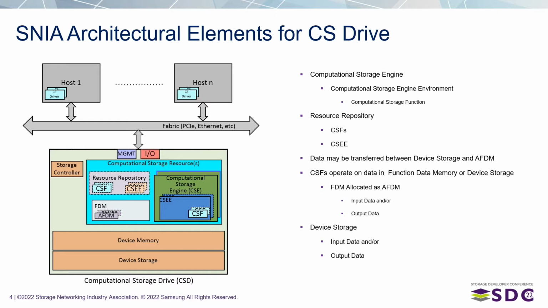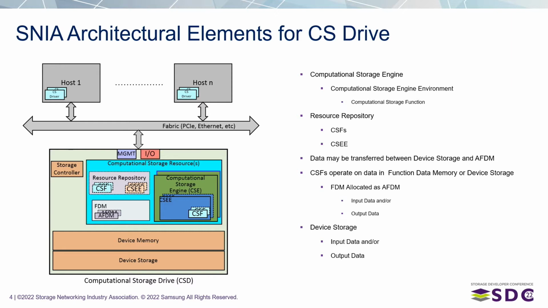Also in SNIA, we're defining the API. The API is a programming interface, which Oscar just presented, that gives you an abstraction to program your application to utilize computational storage, and then has a library underneath it that maps to a given protocol.